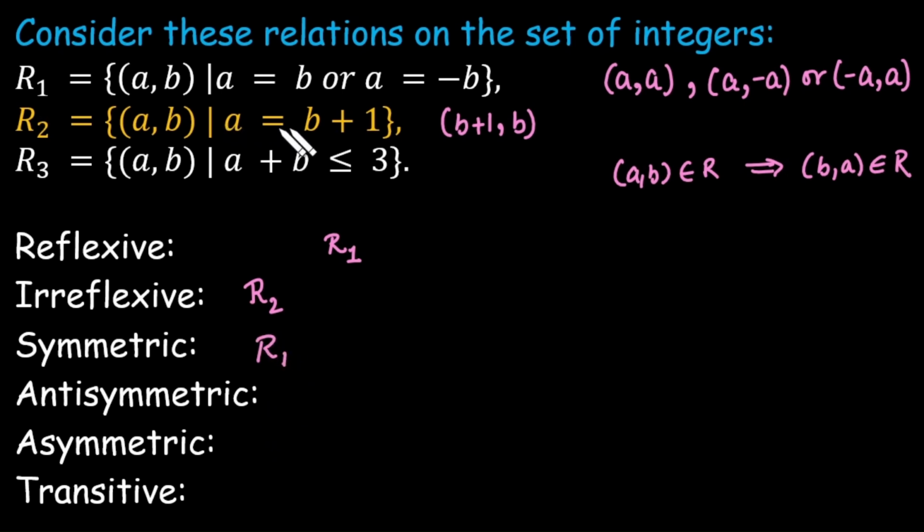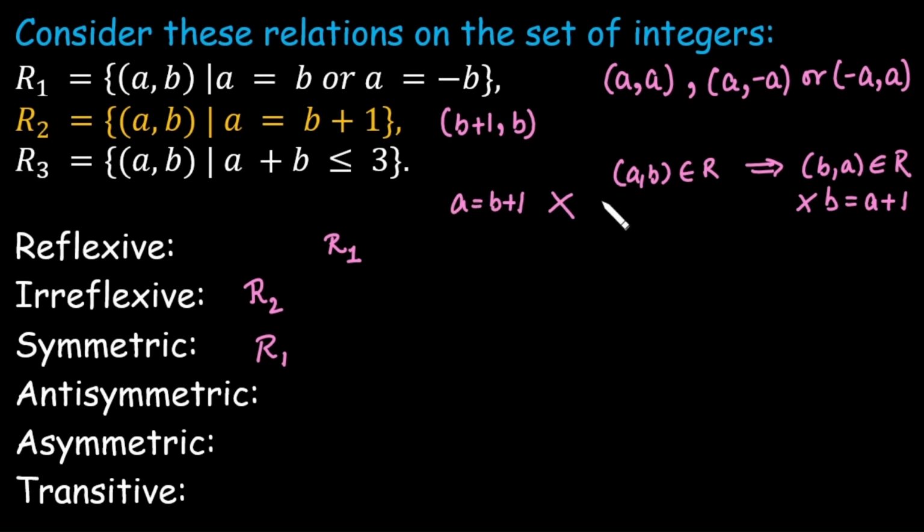symmetric. Whether R2 is symmetric: if A is equal to B plus 1, symmetric means the reverse is there. The reverse is B is equal to A plus 1. Whether this is true? No. It means it is not symmetric. Now what about R3?